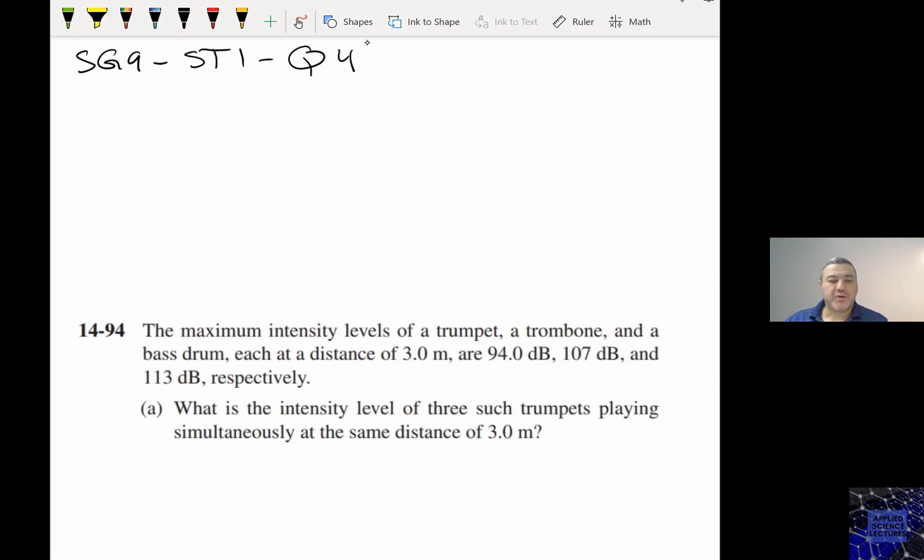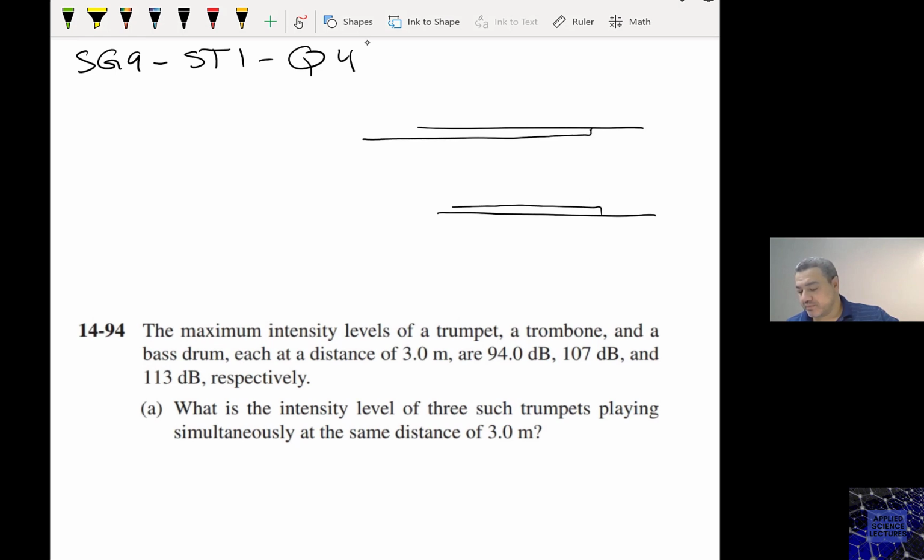A tuning fork is set up near the end of an air-filled tube of variable length as shown. So this is the tube, with variable length. This is variable.